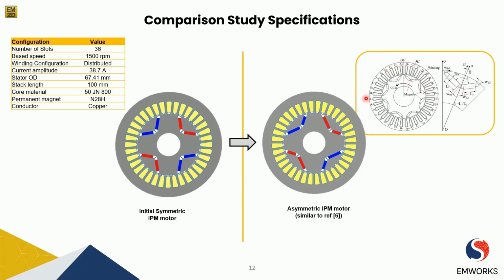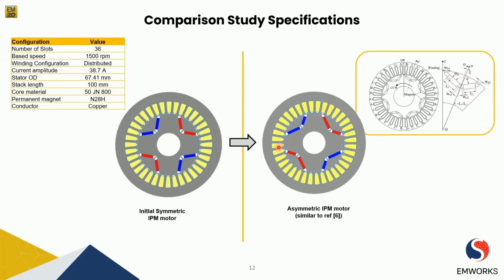The IPM that this reference has proposed is asymmetric from the perspective of the length of the magnets and the barrier shape. As you can see here, for instance, we can change the position of the middle bridge. We can work with this barrier like a fluid. It can change the middle point, and as a result it can change the D axis and the direction of the magnetic field, and also we can change the shape of the magnet. We can create an asymmetric design.